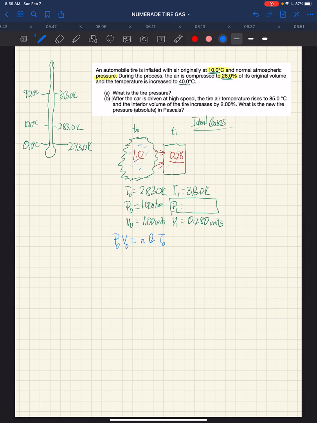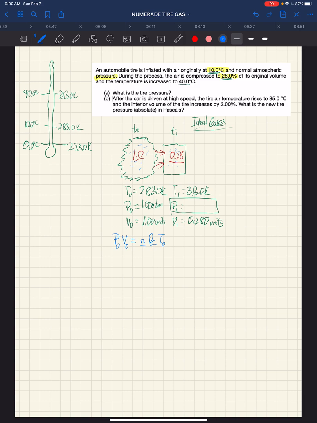So what we know then, applying the law of conservation of mass, if we take these air molecules and pump them into the tire, is that the number of molecules as well as the number of moles will be the same. So we know those will be the same. And we have the ideal gas constant. That is true for all conditions.